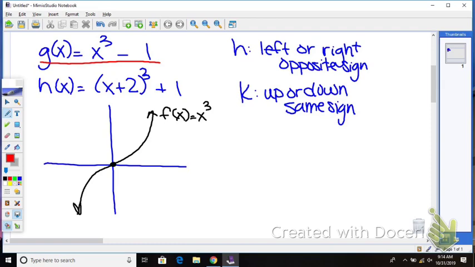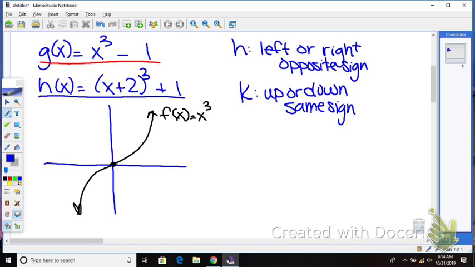Let's actually start with h(x). I think it'll be easier. Okay, what does this plus 2 tell me inside the function here? Left or right? Okay, so the plus 2 is going to be negative, left and negative together. Negative 2, okay, so left 2, and then what does the plus 1 tell me?